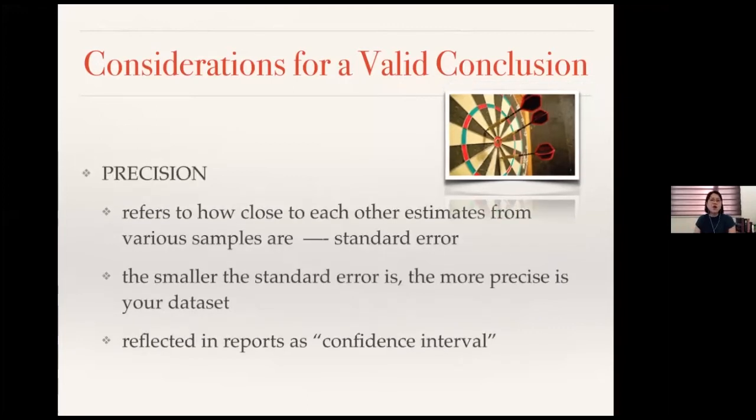Now, let's talk about precision. So accuracy is when you got the exact estimate as the true estimate. Precision is when you have a data set, when you have different data from different respondents, how close to each other are they? So for example, if my weight is 63, the one beside me is 63.2, the other one is 63.4, the other one is 59.9.